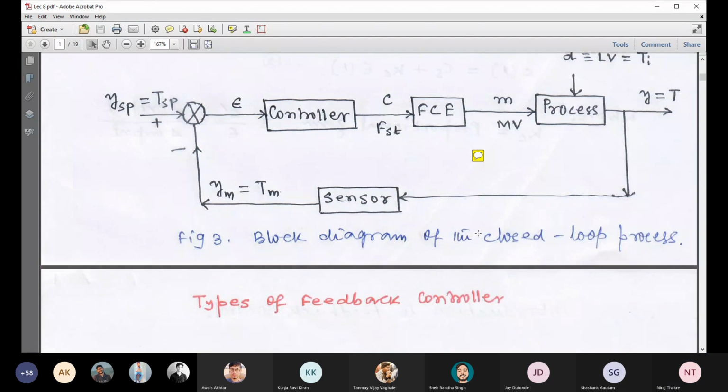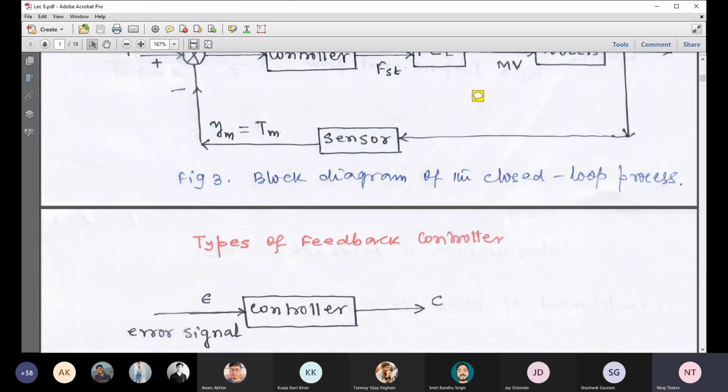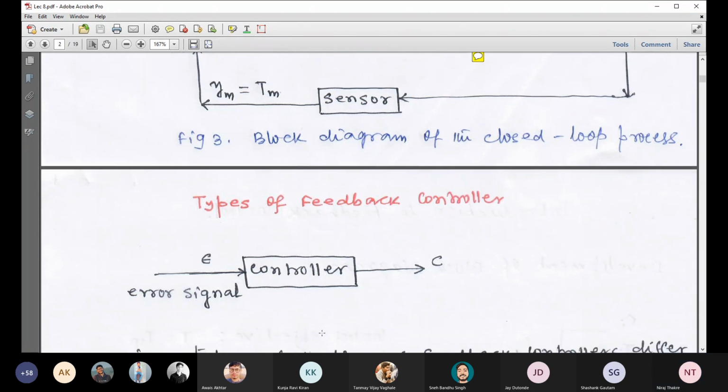Okay. Now let us come to the types of feedback controller. You see in this last block diagram, figure 3, we have this controller block.